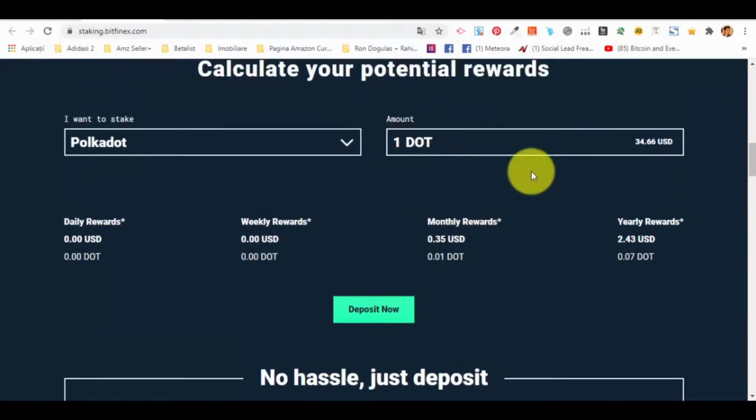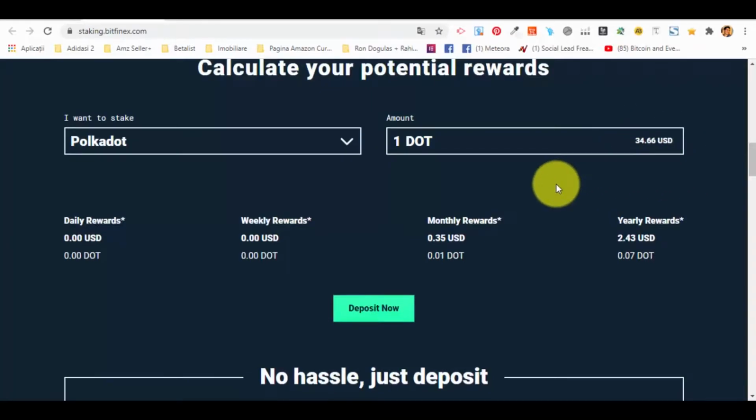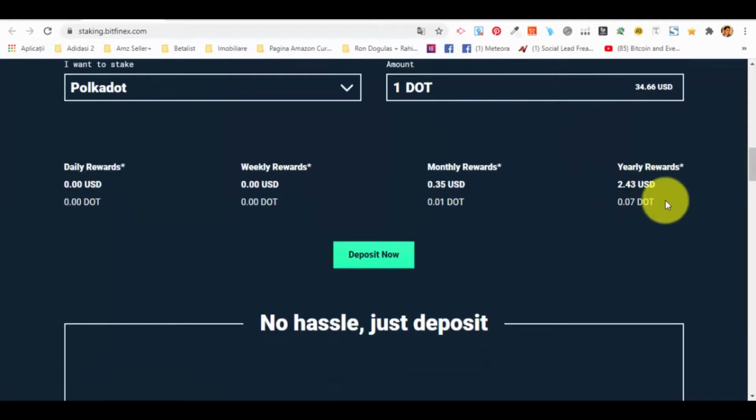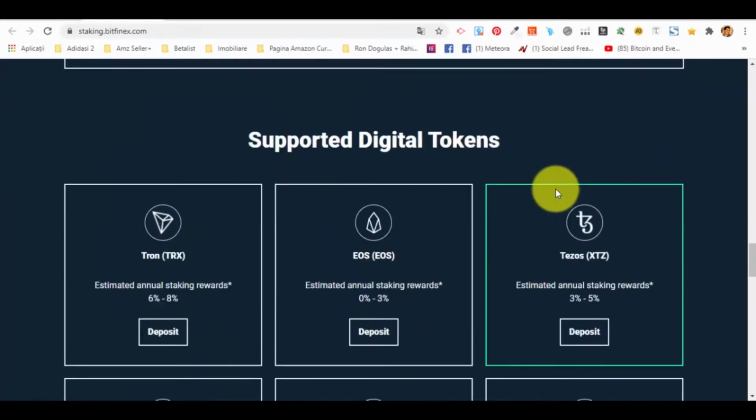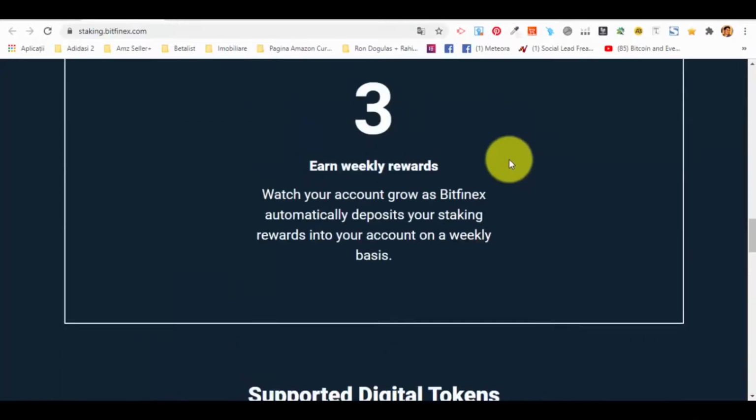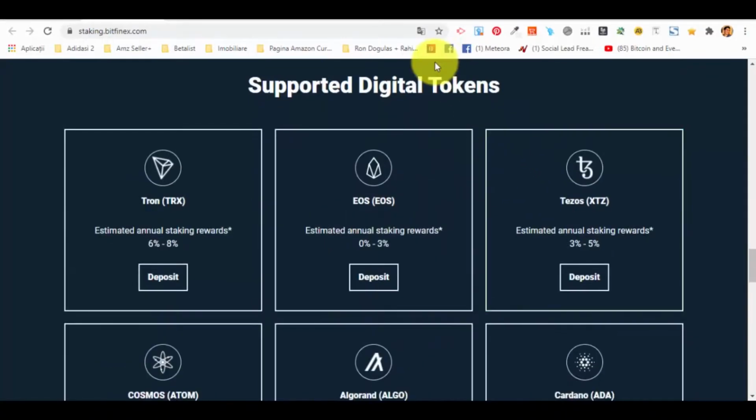It will show you that the equivalent in dollars of a Polkadot is $44.66. The yearly rewards for one Polkadot in staking is 2.43 USD, which means it's around, if I'm not mistaken, 7% per year. So it's not a lot, but obviously it's earning, it's passive income.